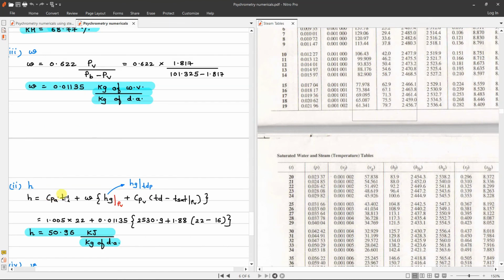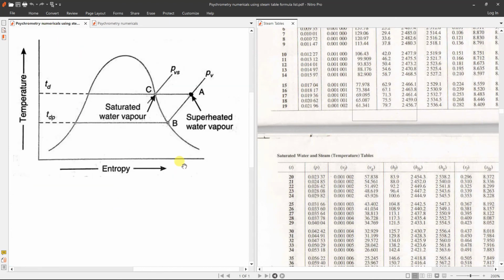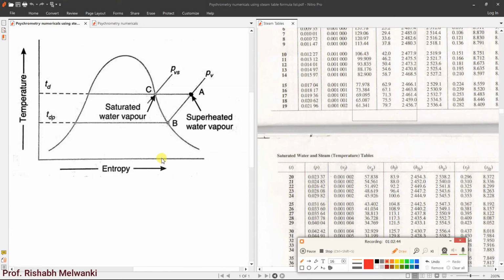Now in this case, this Hg at PV, okay, understand this part, it is important. Which Hg do we calculate? Hg at this location we calculate. This is saturated vapor curve. So this is Hg at PV. Okay, so it can be Hg at PV or it can be Hg at TDP, one and the same. Either you can see pressure or temperature.